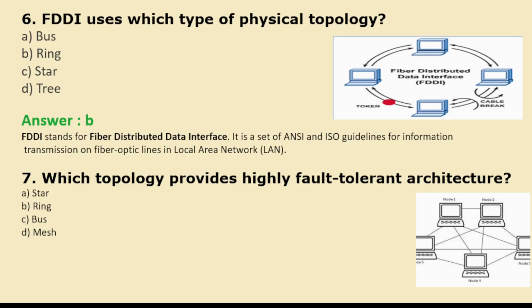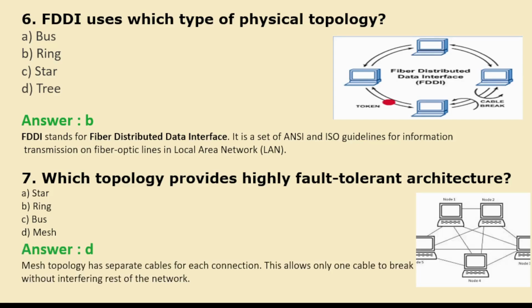Our next question is, which topology provides highly fault tolerant architecture? A. Star, B. Ring, C. Bus, D. Mesh. So the correct answer is D, mesh. Mesh topology has a separate cable for each connection. This allows one cable to break without interfering with the rest of the network.